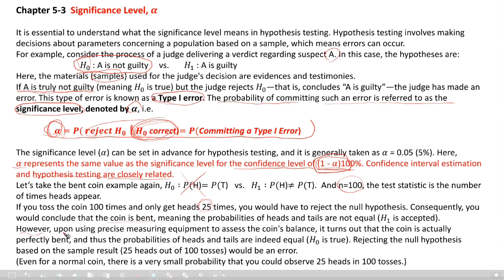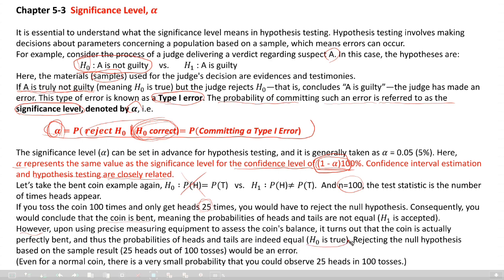However, upon using precise measuring equipment to assess the coin's balance, it turns out that the coin is actually perfect. Perfect means the coin is fair, and thus the probabilities of heads and tails are indeed equal.